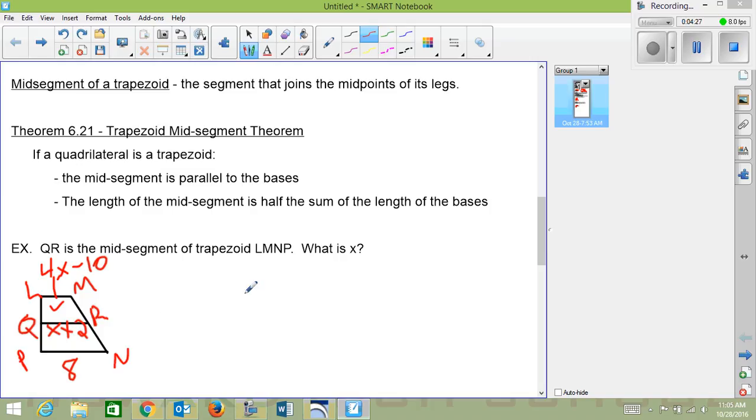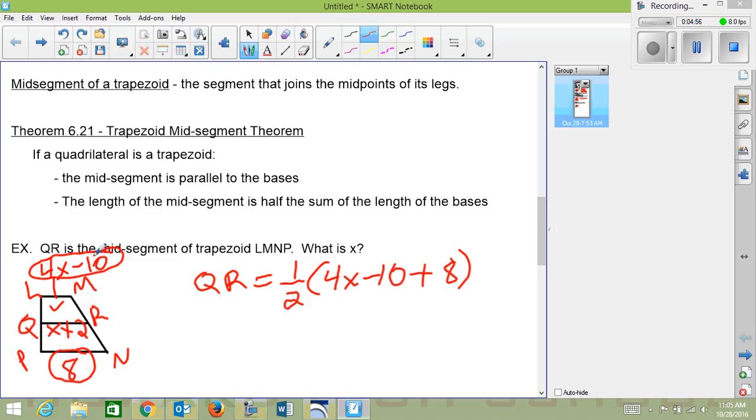Now we're going to do this example. If QR is the mid-segment of trapezoid LMNP, what is x? Well, I know that QR is going to have to equal half of the sum of its bases, which is 4x minus 10 and 8, the base right here and the base here.